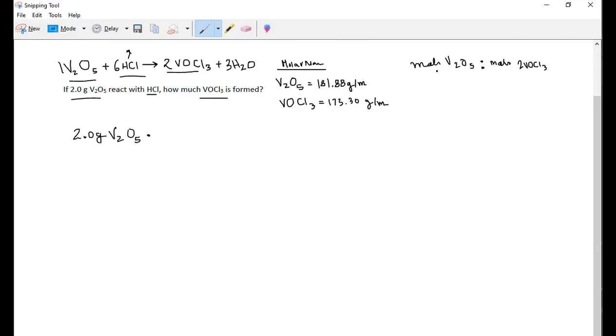Now, some of you may be asking, well, we already have that in the chemical reaction, right? Moles of V2O5 to moles of VOCl3. That's picked off from the chemical reaction, but you'll recognize that the problem statement has disrupted that.